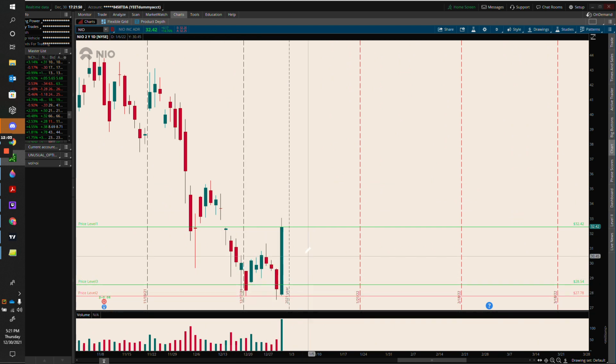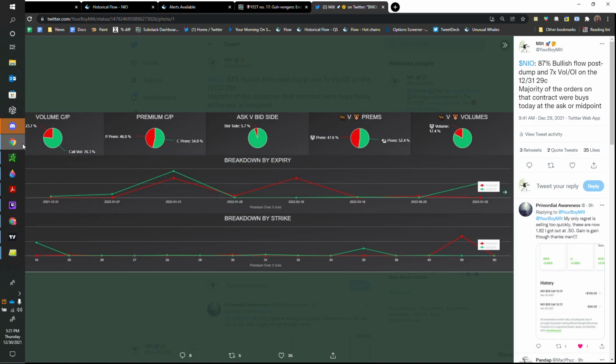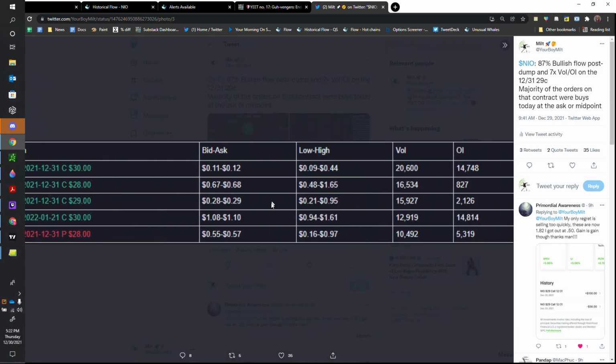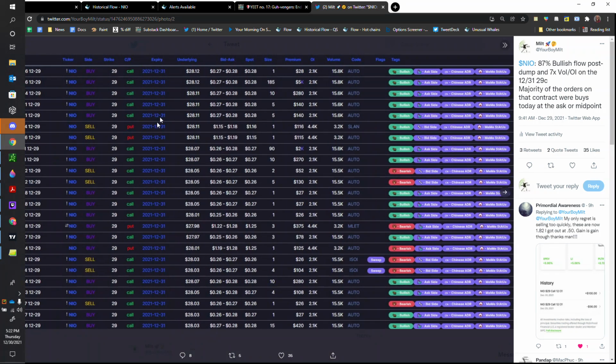So once we have it confirmed with the chart, we see the divergent flow. The last thing that I did was go to check the quick view, and I confirmed what I was seeing on the quick view for that 29 call volume by checking it out myself and looking for whether it was bullish or bearish.